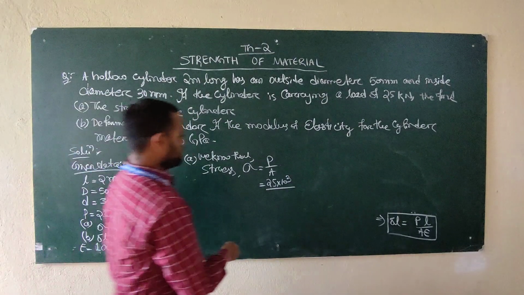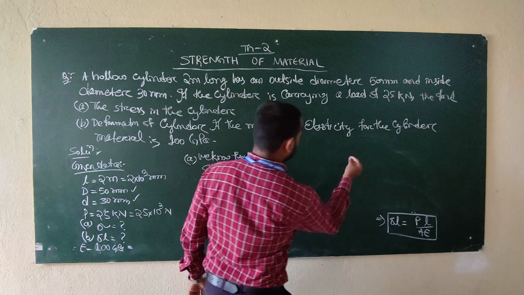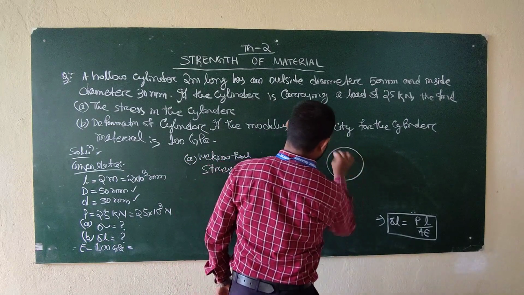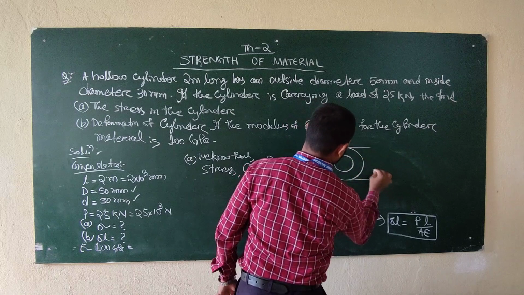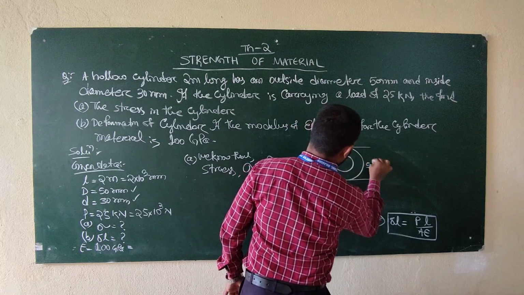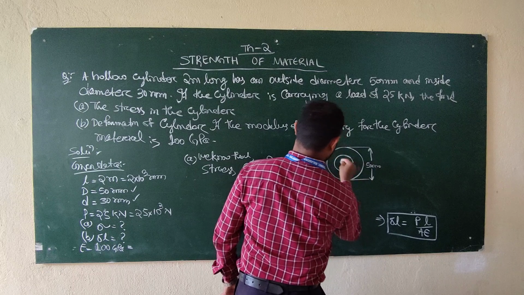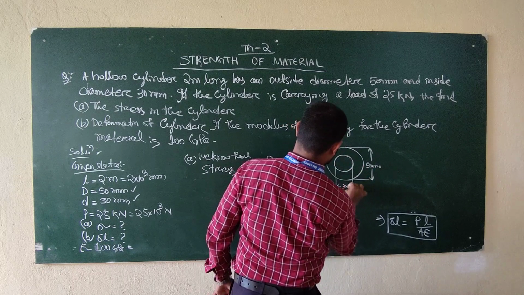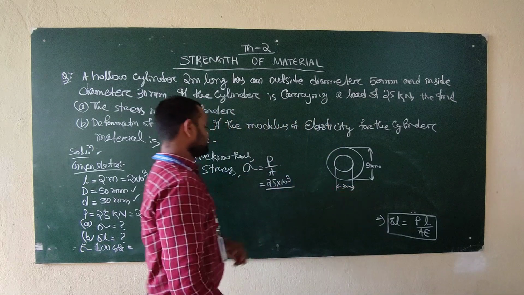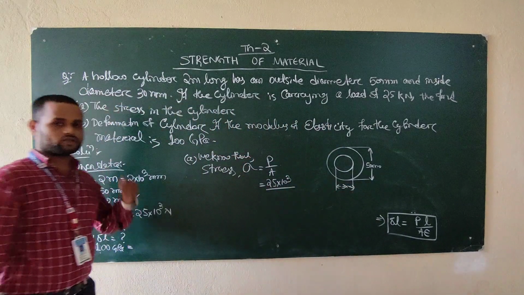As it is a hollow cylinder, that is the outside diameter and this is the inside diameter. Outside diameter is 50 mm and inside diameter is 30 mm. So what is the area in case of a hollow cylinder?